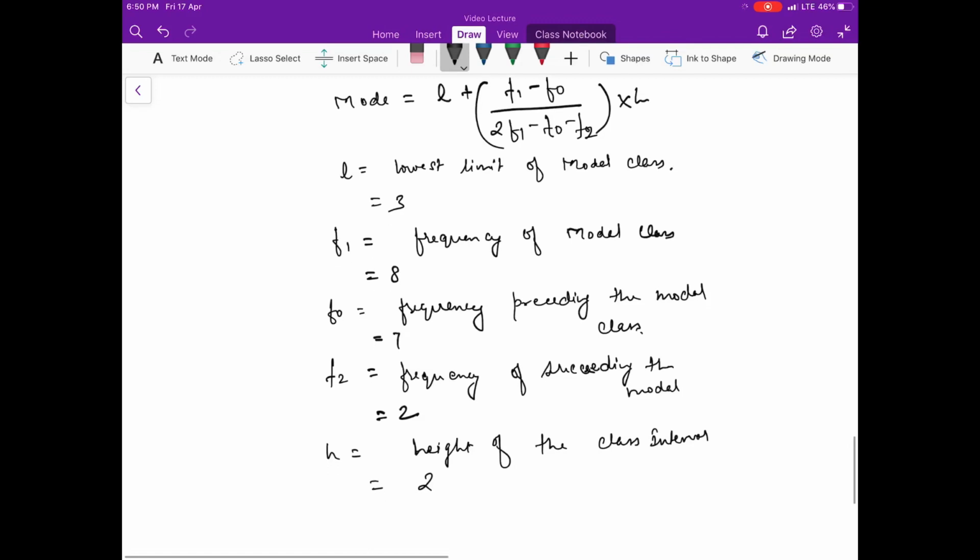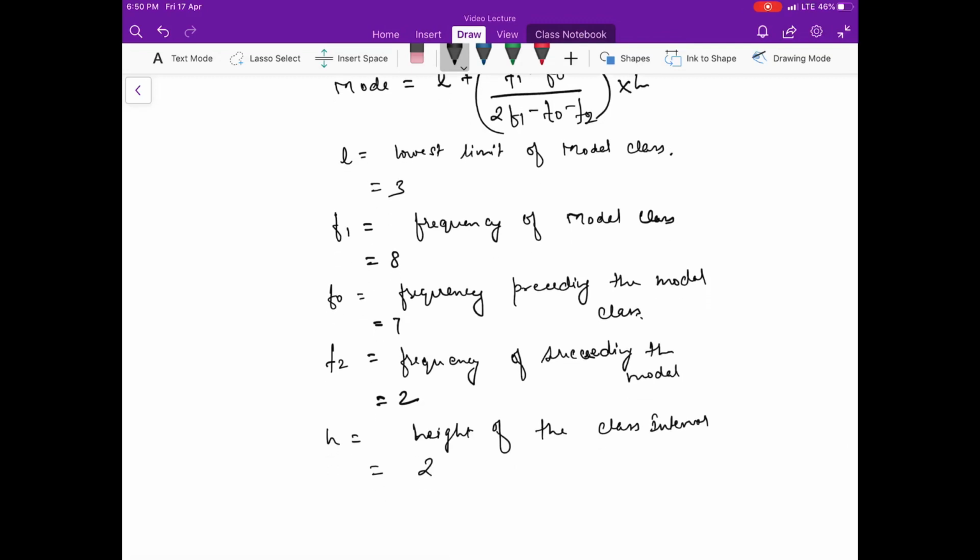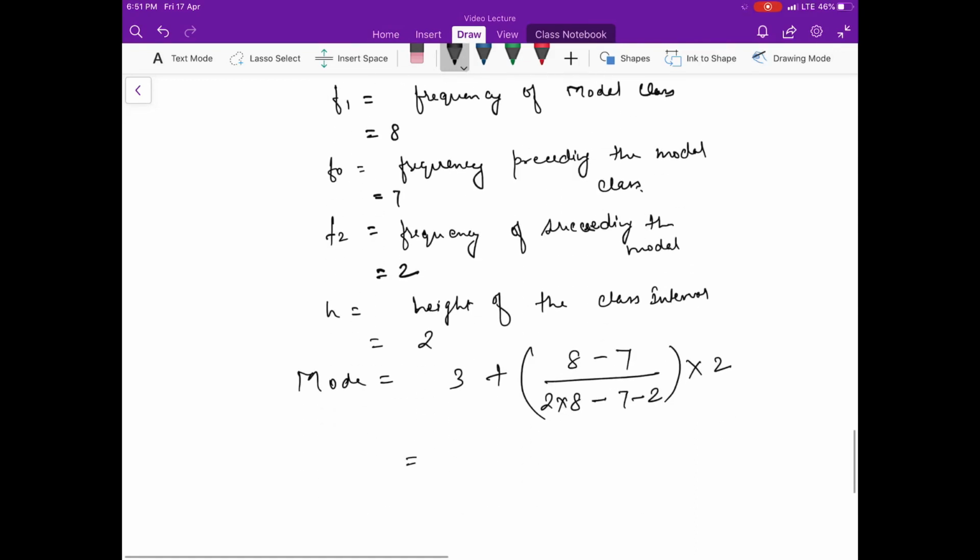Now we will put the values in the formula and we will get the mode. So mode is equal to L, which is 3, plus (F1 minus F0, that is 8 minus 7) divided by (2 into 8 minus 7 minus 2), into h, which is 2.